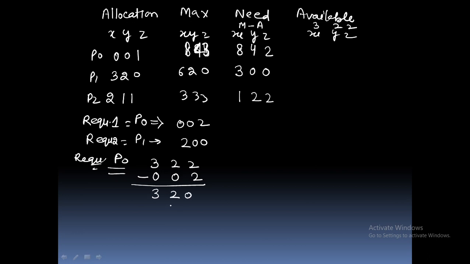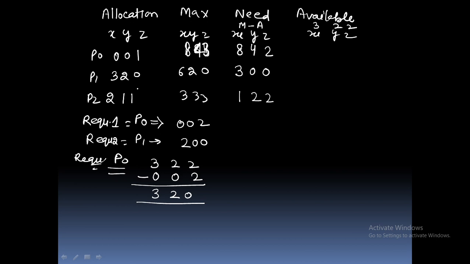Now you have available 320 and P0's need is 842. You can only satisfy the need of P1 because its need is 300, or you can say 320. So here it follows the safety algorithm and checks whether this resulting state is safe or not.